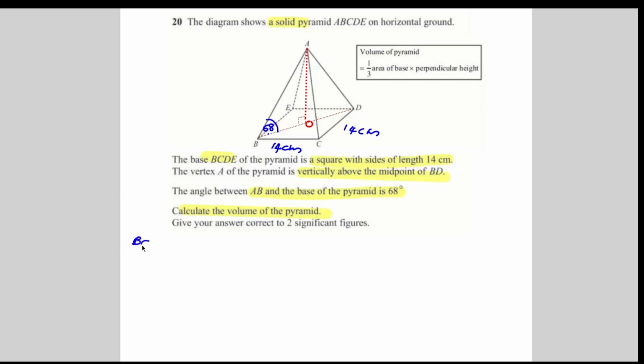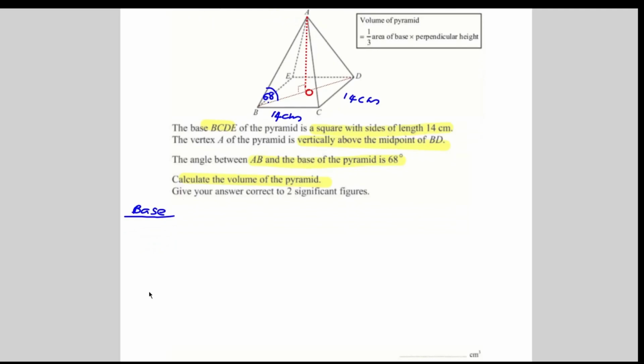Considering the base, let's draw this triangle. BC, let's draw BC first, CD, and then the diagonal. This is B, this is C, this is D. This is 90 degrees.